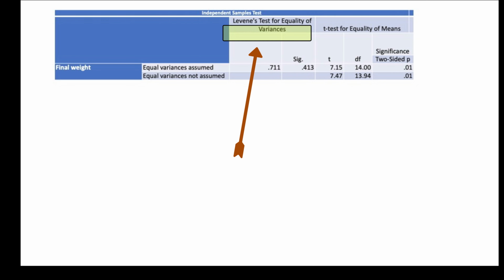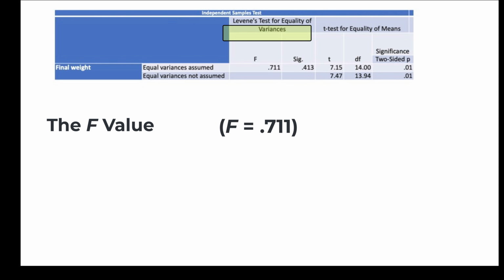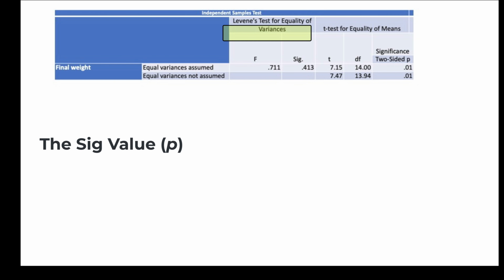Now, the second part of the process is Levene's test. You can see the yellow box there with the arrow pointing to it. That's where you start. Then we look at the F value. The F value, capital F in italics, equals 0.711. The sig value, the p, which is our main component here, is p equals 0.41.